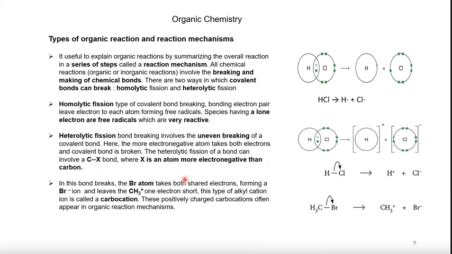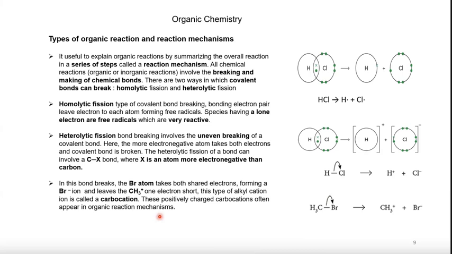Take the example of methyl bromide. Its bonding electron pair is moved toward bromine, forming a bromide ion and a methyl cation, which we call a carbocation. Positively charged carbocations often appear in organic reaction mechanisms.